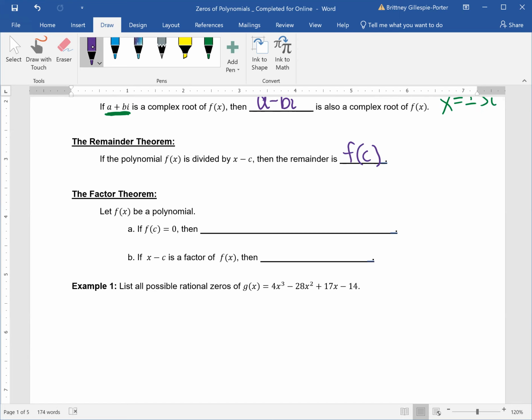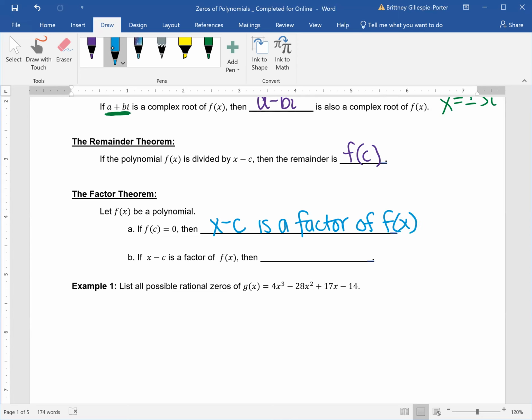Okay, but we're going to take it a step further with our factor theorem. Let f of x be a polynomial. If f of c is 0, then x minus c is a factor of f of x.